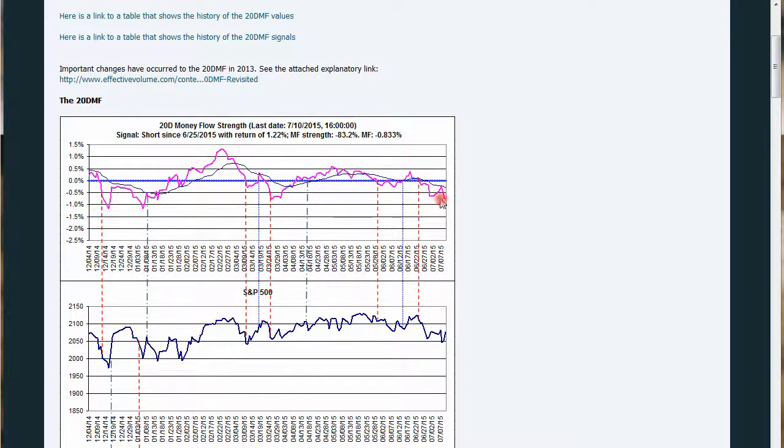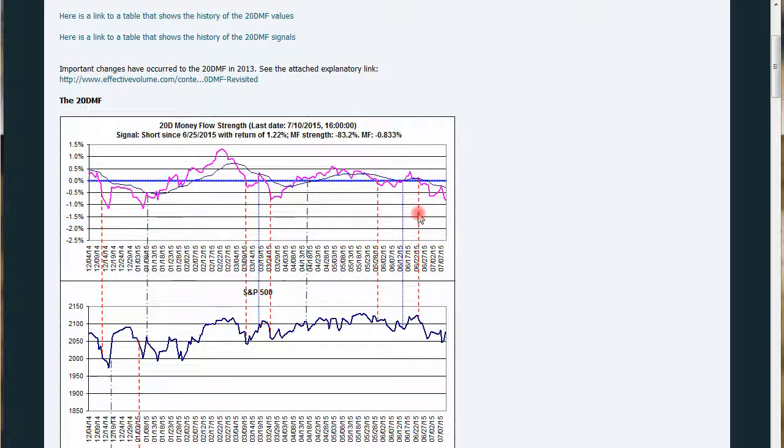So what this means is that for the general market, in the past 20 days, money was moving out of the market. This is negative, and this is why when this indicator crosses below zero, a short signal is issued.